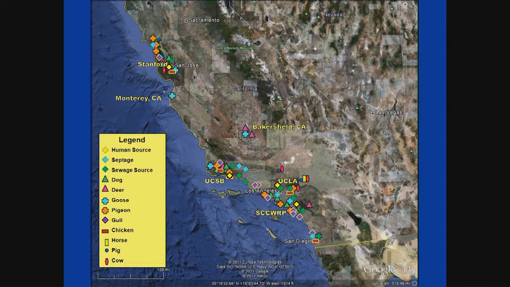And so we collected samples from all over the state, and we collaborated with folks at Stanford and UCSB and UCLA, and we divided up the work, and so we got sources from all these different places, including wastewater treatment plants and septic systems, and then of course the graduate students turned out to be the individuals that had to contribute.